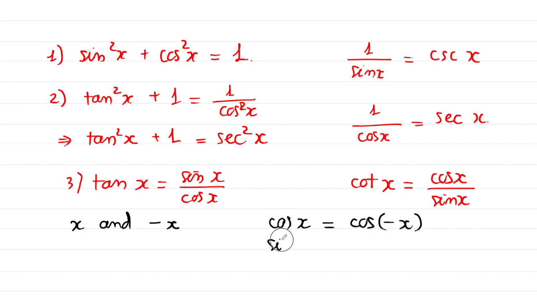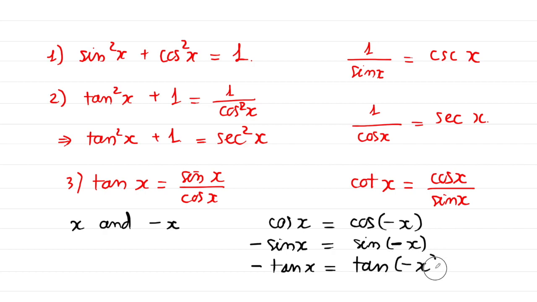You will get sine x and sine of negative x; for sine, the minus sign moves out to the front of sine. And about tan, we have the same thing as sine: tan of negative x equals minus tan x.